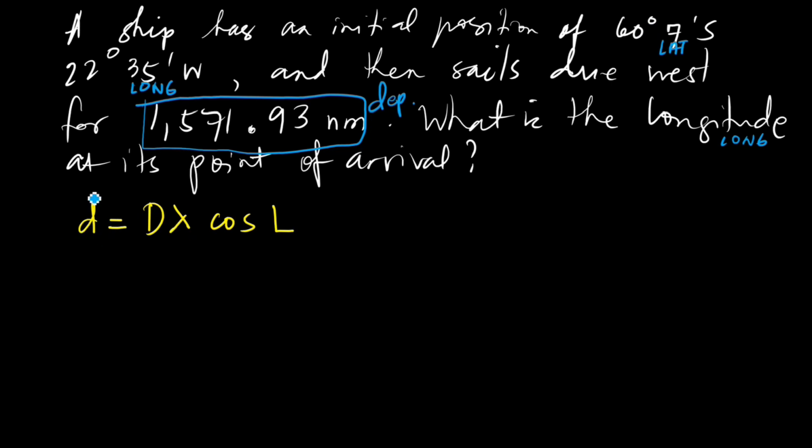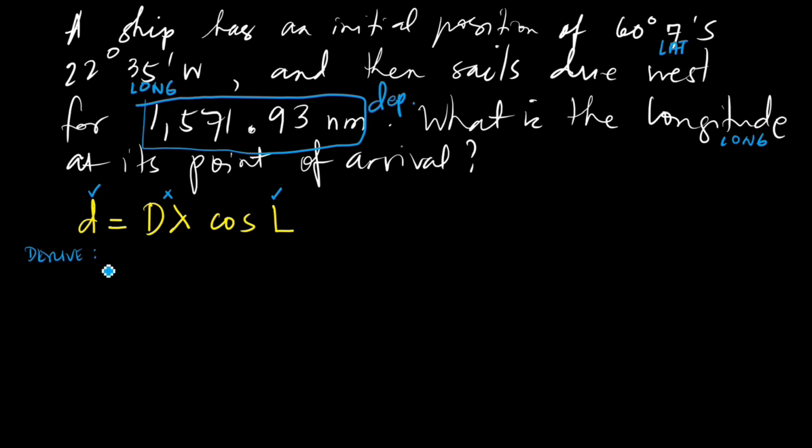We do have the departure. For the difference in longitude, we don't have. Cosine of the latitude, we have the latitude. So it means we need to determine first the difference in longitude. So we're going to derive.